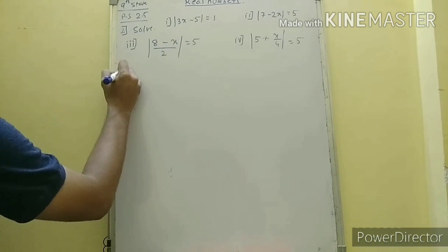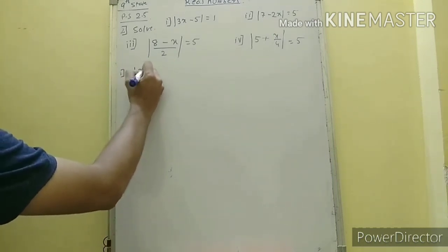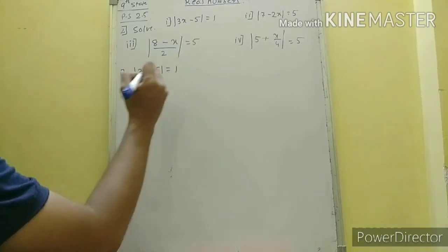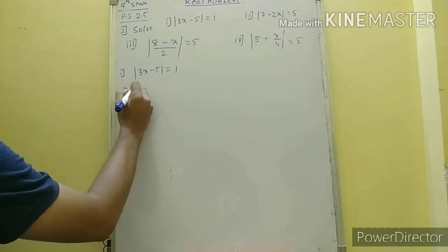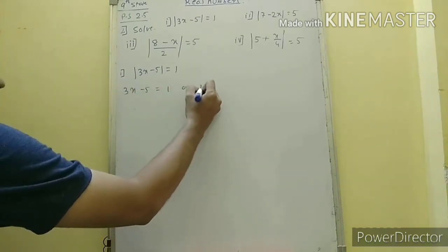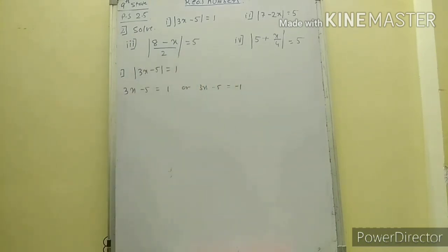The very first sum is modulus of 3x minus 5 is equal to 1. So I will write it as 3x minus 5 is 1, or 3x minus 5 is minus 1.